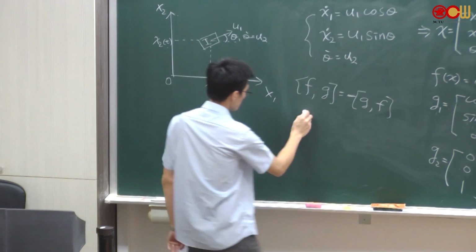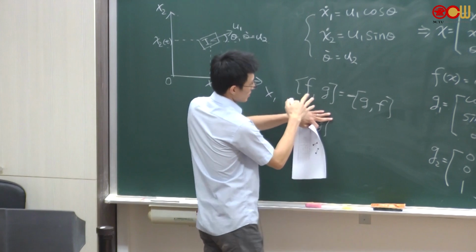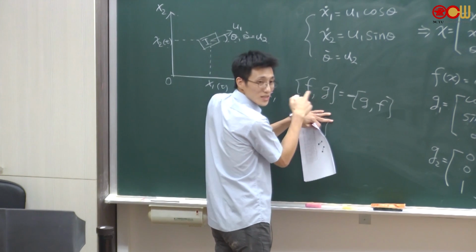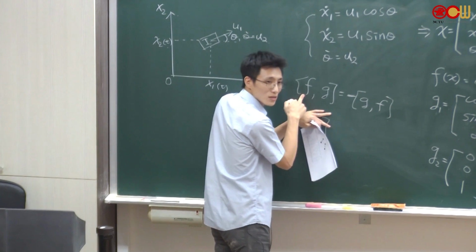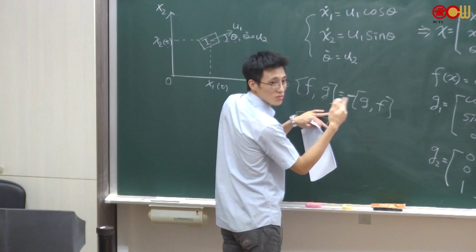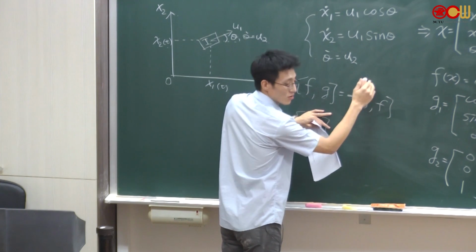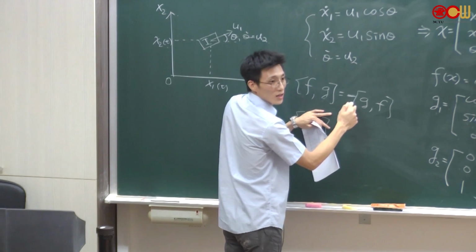That's easy to check, right? So what does this say? It says that if you change the series of your control input, if you apply U1 first, then U2, or U2 first, then U1, they don't change too much because the non-zero elements will be non-zero. The difference is the sign, right?